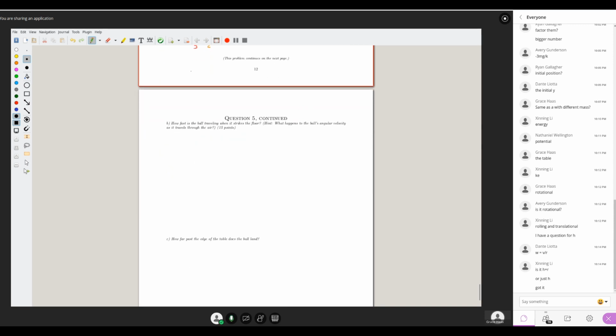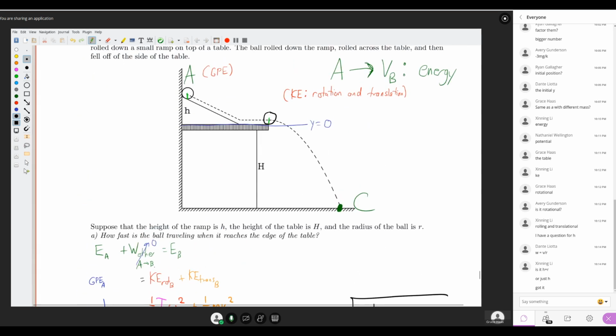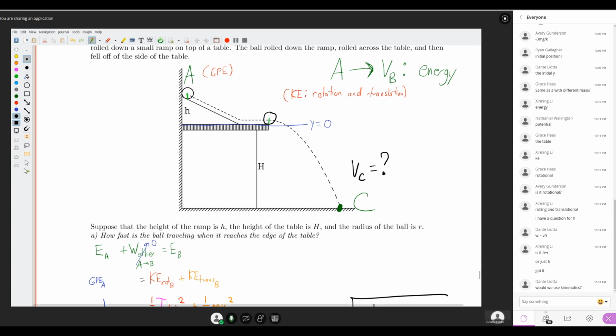But there's another piece too. This asks us, how fast is the ball traveling when it strikes the floor? So how are we going to figure out vC? What technique do we use for that? Any thoughts? Dante suggests using kinematics. Are there any other techniques you can use?